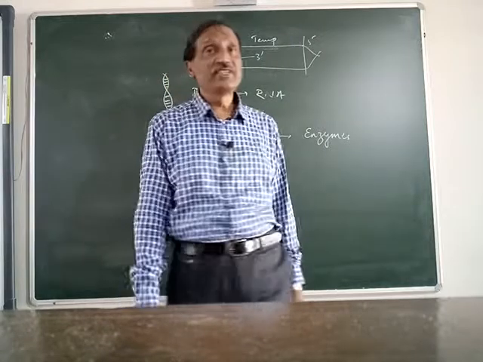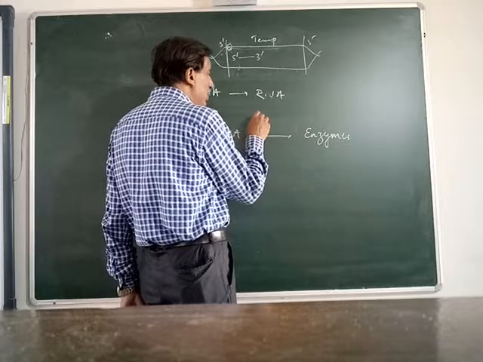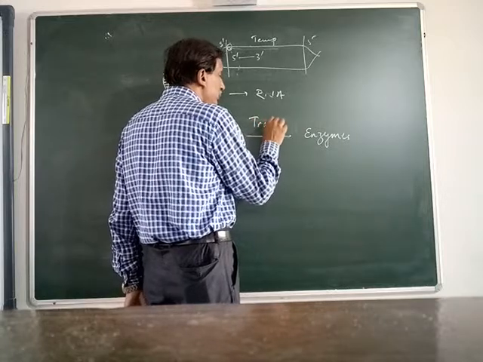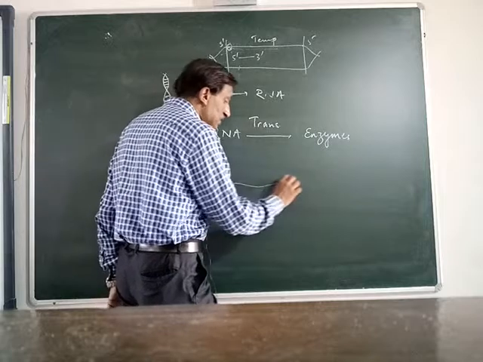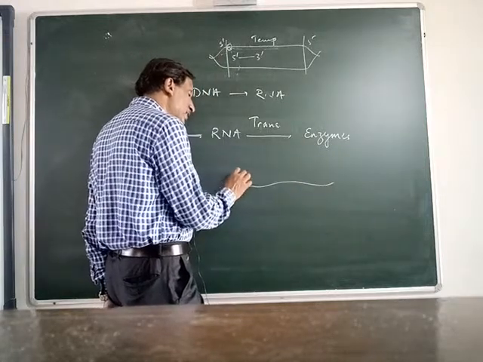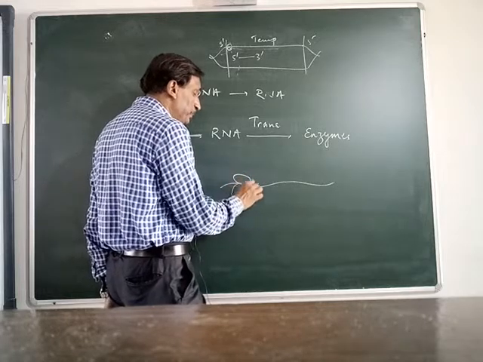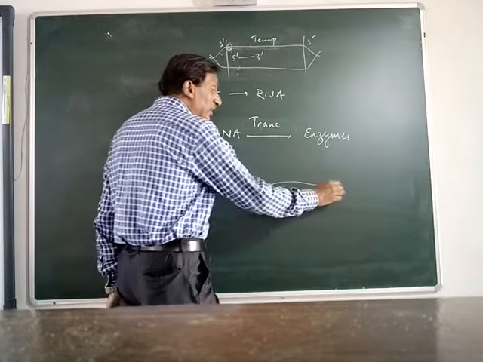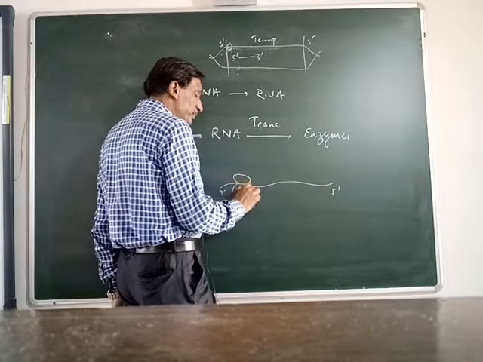Next is translation. That is, RNA to enzyme is called translation. Now how will RNA to enzyme take place? This is the messenger RNA, and a small segment of the ribosome will come and attach. It will move in the 3' to 5' direction, and it will look for the first AUG.